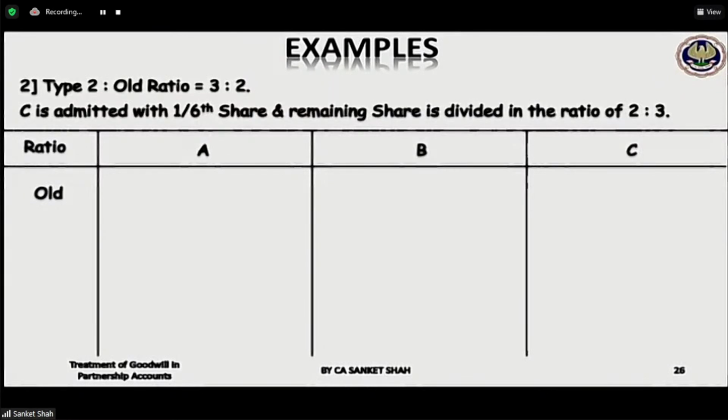So let's see how many of you can complete it.